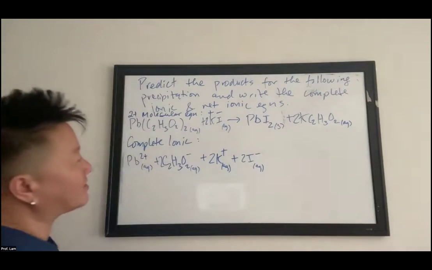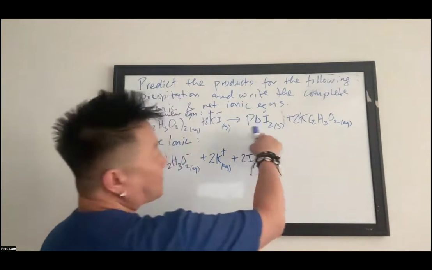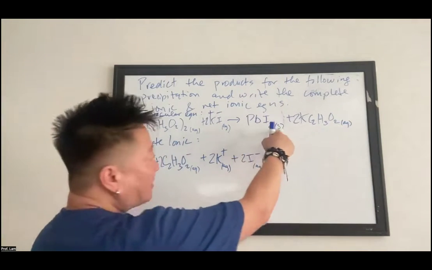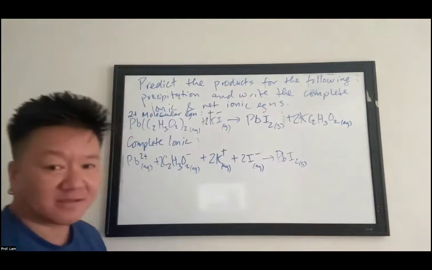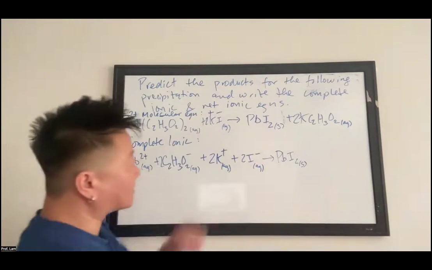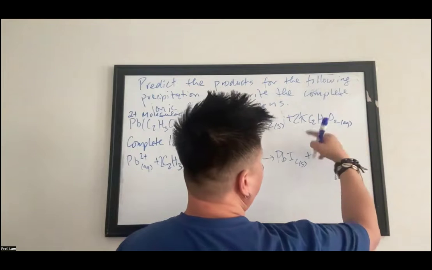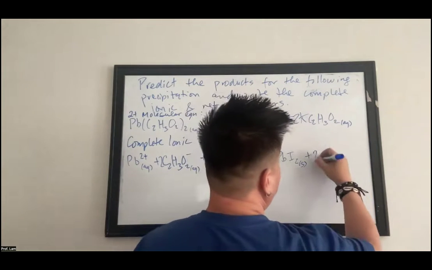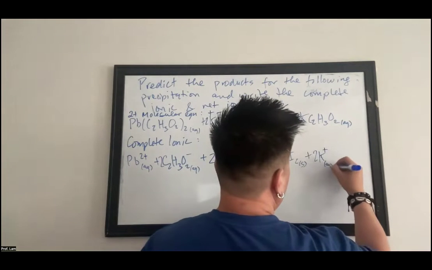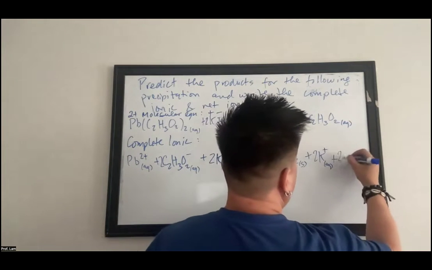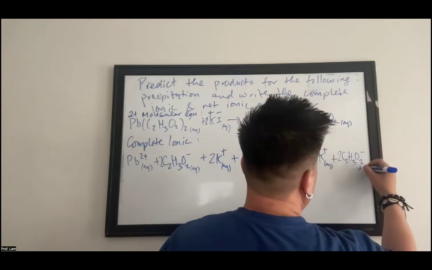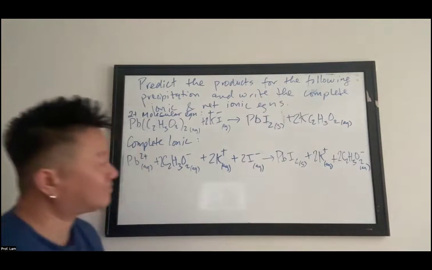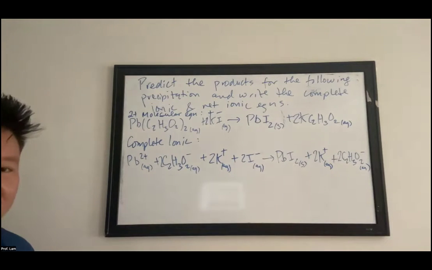2I minus aqueous goes to, do I split this up, guys? Not the solid, so PbI2 solid gets just written as is, right? Stuck together. And then aqueous here, I need to split this up. That's 2 potassiums, so 2K plus aqueous plus 2 acetates, C2H3O2 minus aqueous. Okay, that's my complete ionic.